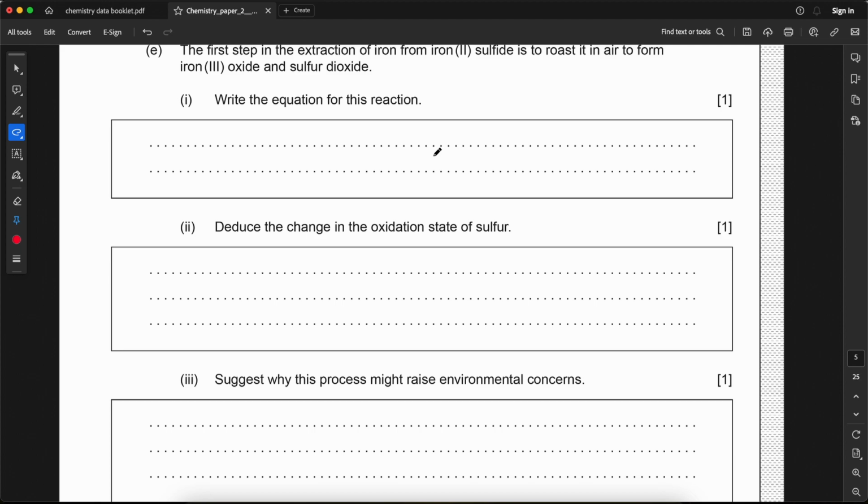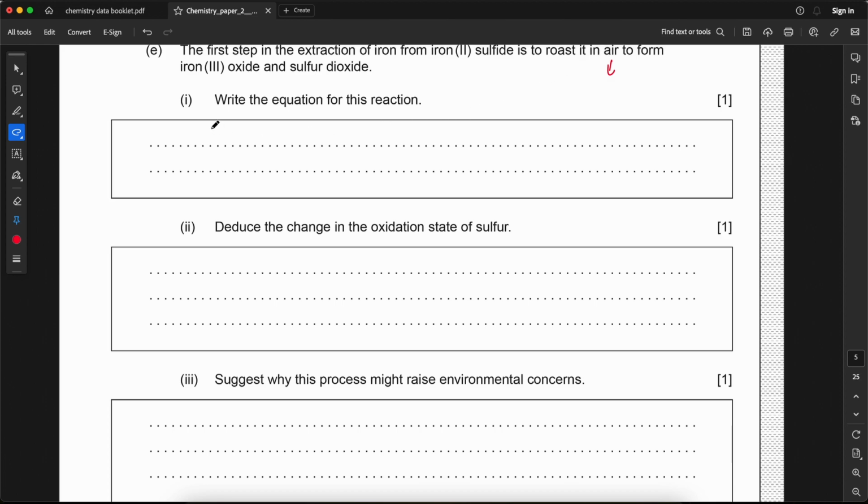The first step in the extraction of iron from iron(II) sulfide is to roast it in air to form iron(III) oxide and sulfur dioxide. Write the equation for this reaction. So if it's in air, it must react with some gas in the air, right?